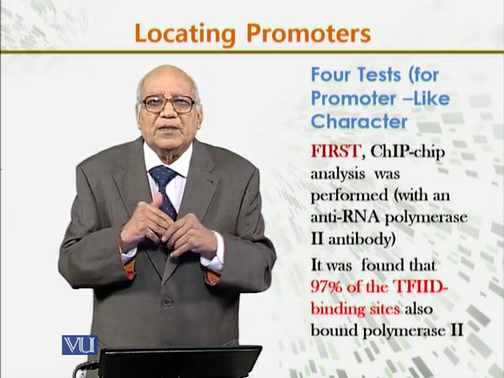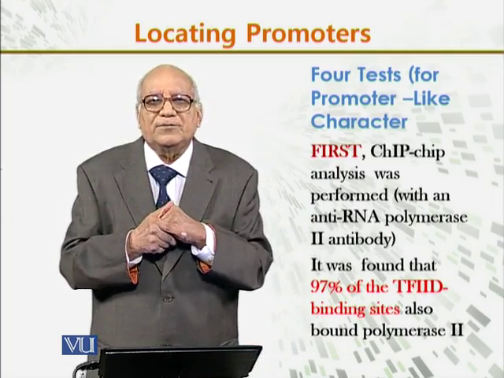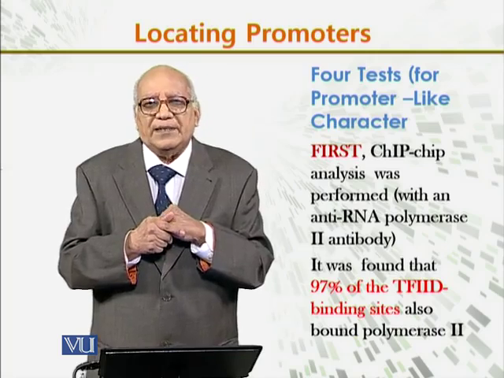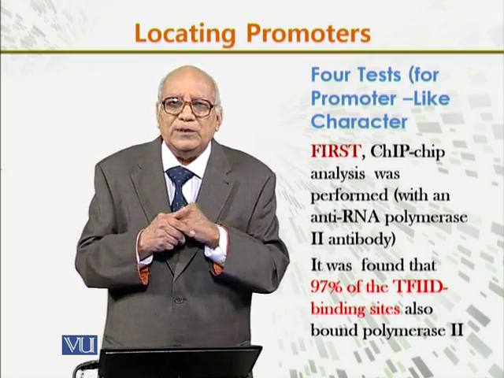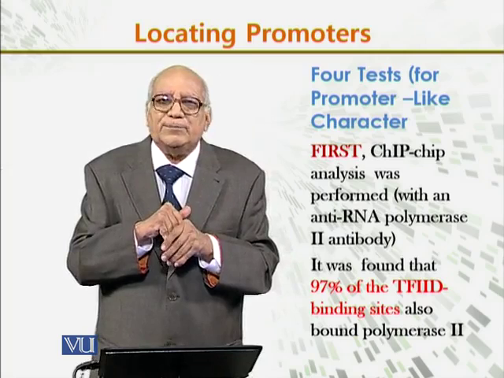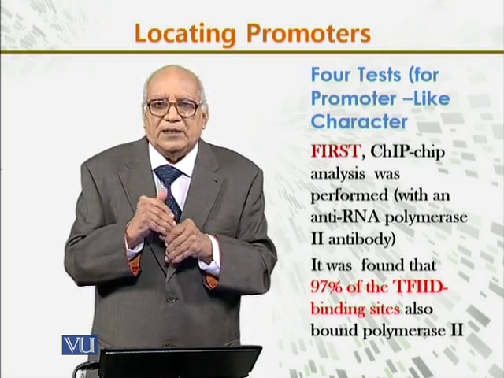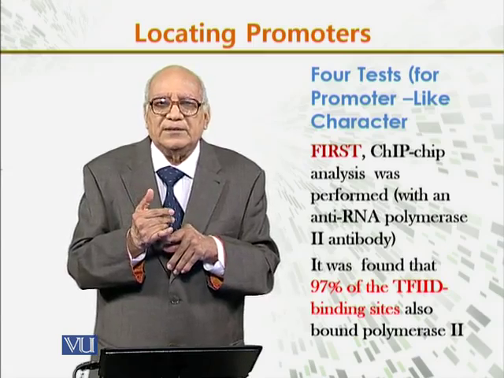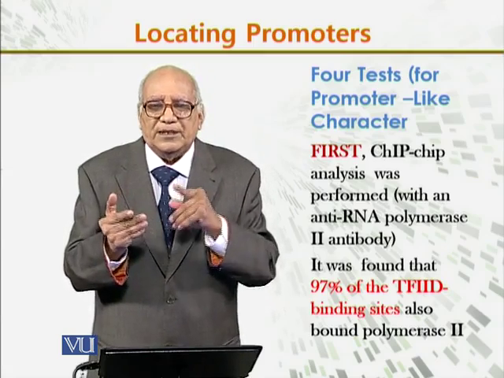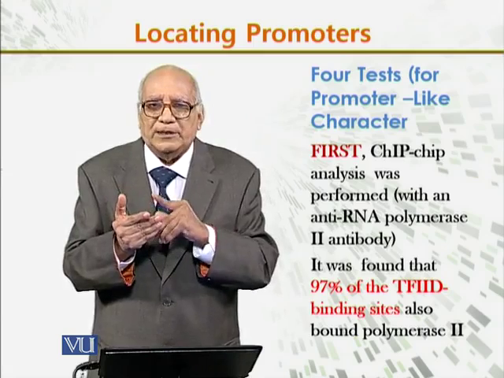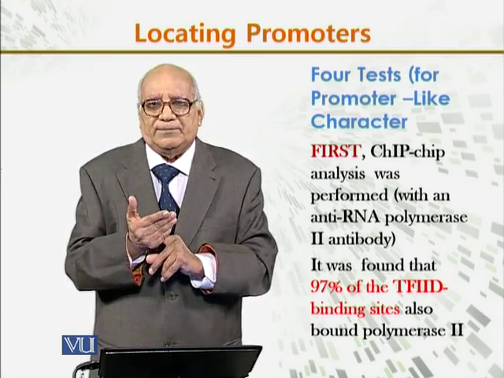And there were 4 tests for promoter-like characters. That's how we can find out that these promoter characters are there. The first test was that a ChIP-chip analysis was performed with an anti-RNA polymerase II antibody.